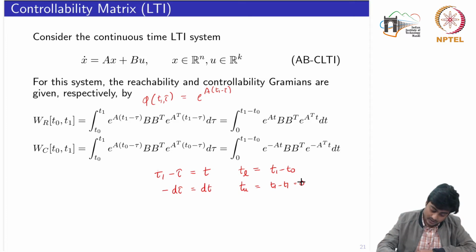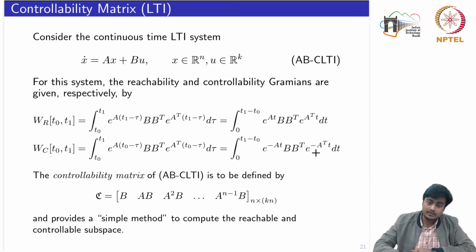So it would go from t1 minus t0 to 0 with a negative sign because of this part. Replacing that negative sign, we just swap the lower and the upper limits, from 0 to t1 minus t0. Similarly we have done here, so that we could compactly write the integrand e to the power At B and its transpose. Similarly, e to the power minus At B and its transpose.